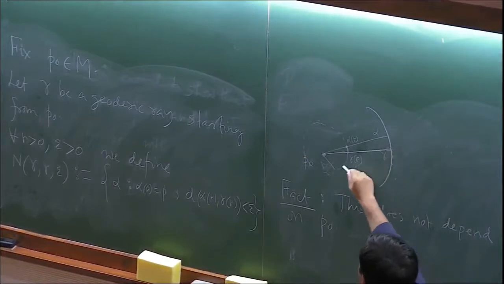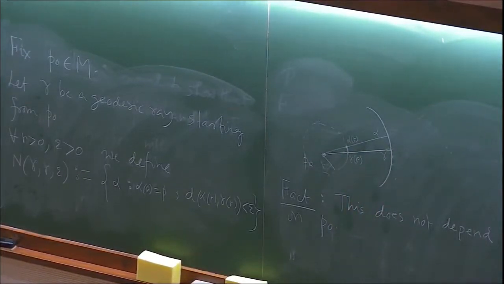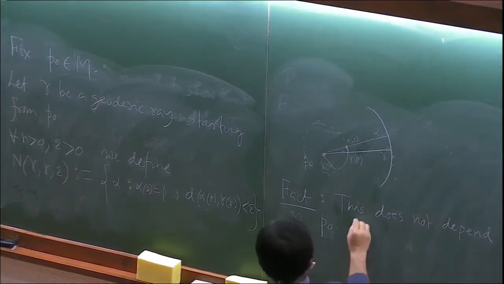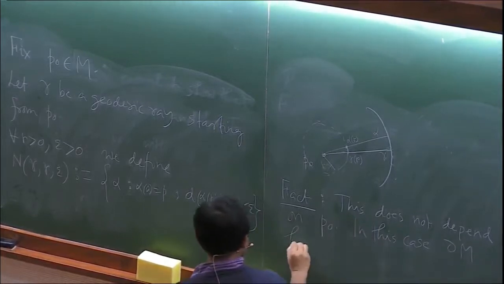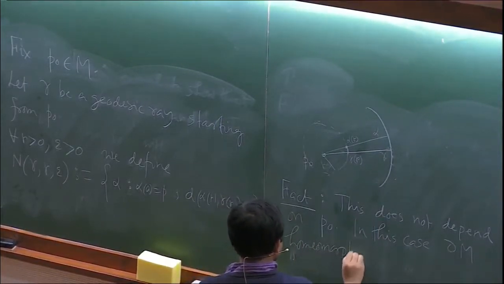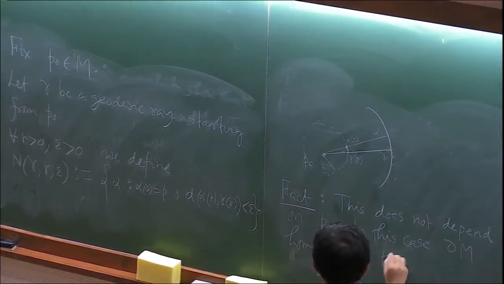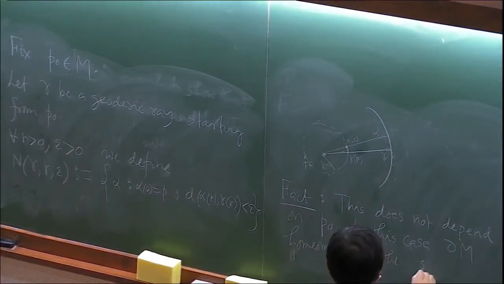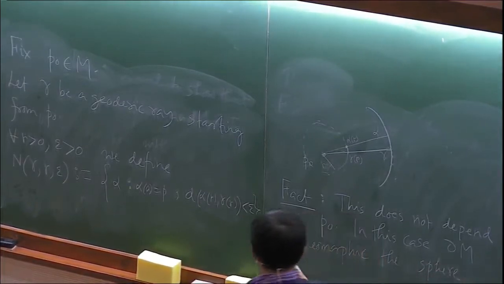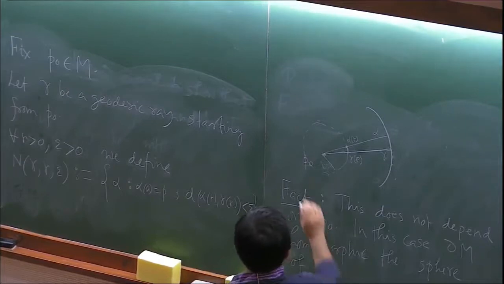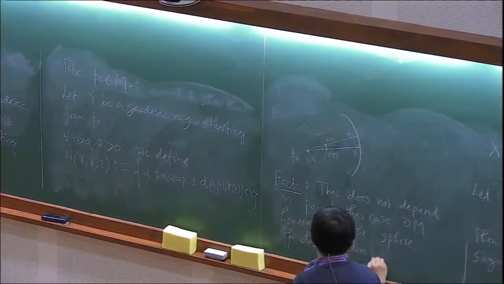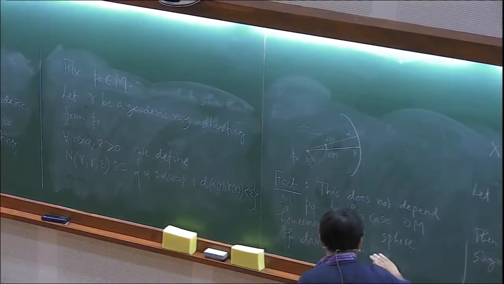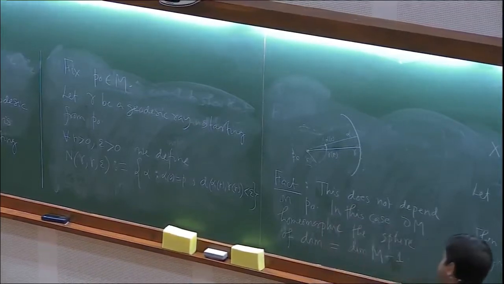That will give me a homeomorphism from this sphere to this boundary, partial M. So in this case, this is homeomorphic to the sphere of dimension M minus 1. So this space is a sphere.